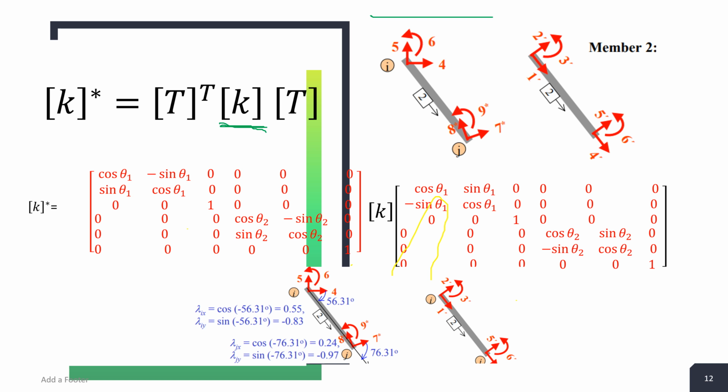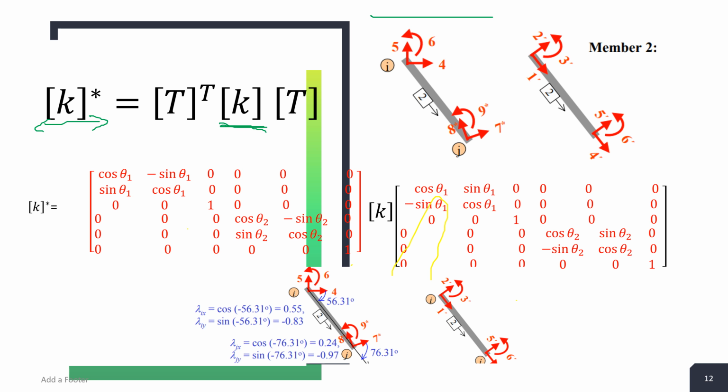So the transpose of the transformation matrix times the stiffness matrix times the transformation matrix gives you the stiffness matrix in the required orientation. So this is the transpose. I'm sure you know transpose; this is the transformation matrix.